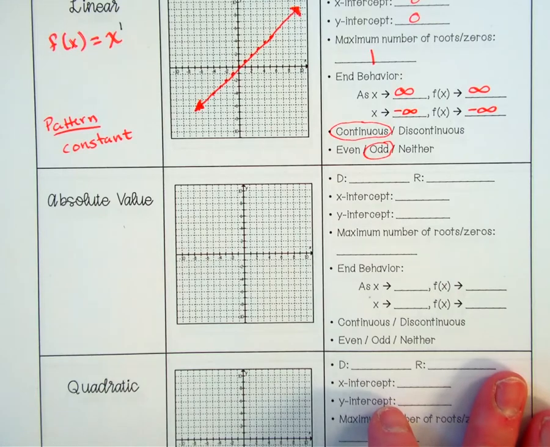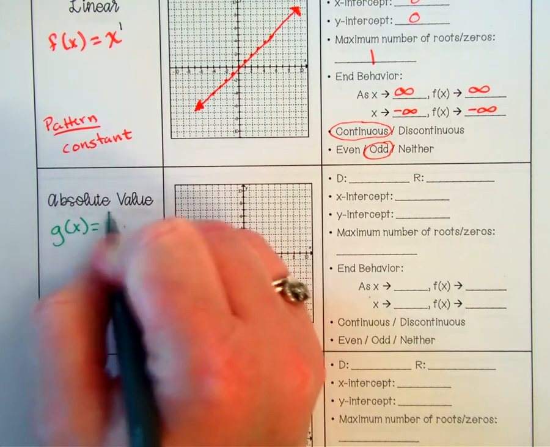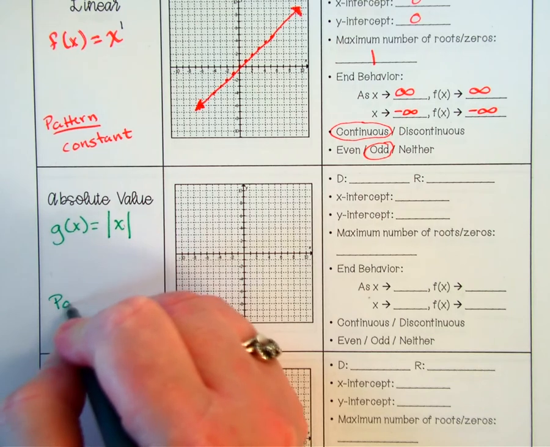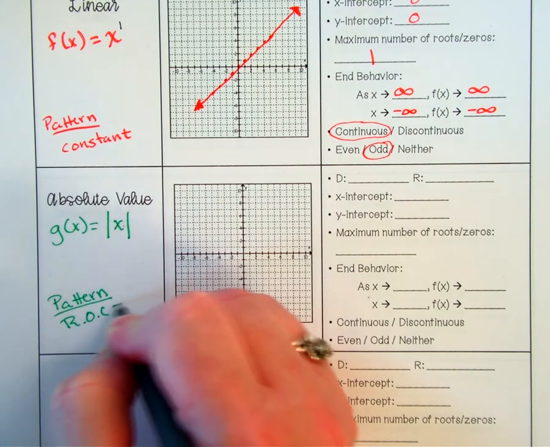Next one, our absolute values. So our absolute value graph of g of x equals the absolute value of x. This pattern here is your rate of change is still constant.